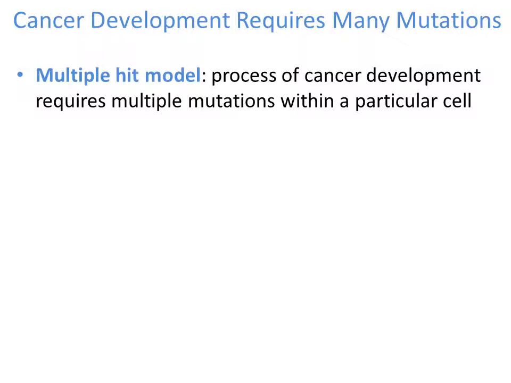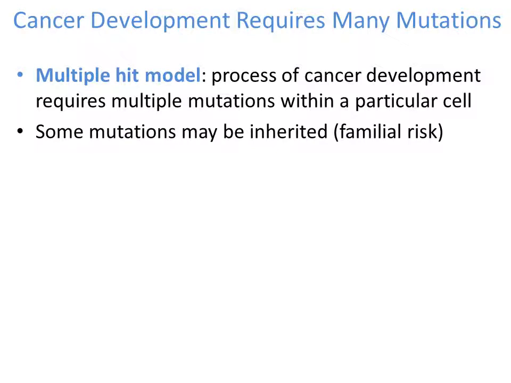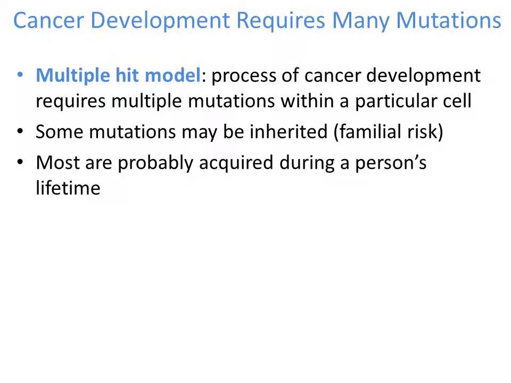Again, I want to reiterate that to form this cancer phenotype, to develop cancer, requires that you have many mutations. We call this the multiple hit model. So the process of cancer development requires several mutations within a particular cell. We often say somewhere around 6 to 7. Some of these mutations can be inherited from birth, so you might have a familial risk for a particular type of cancer, but it doesn't necessarily mean that you will get that cancer.